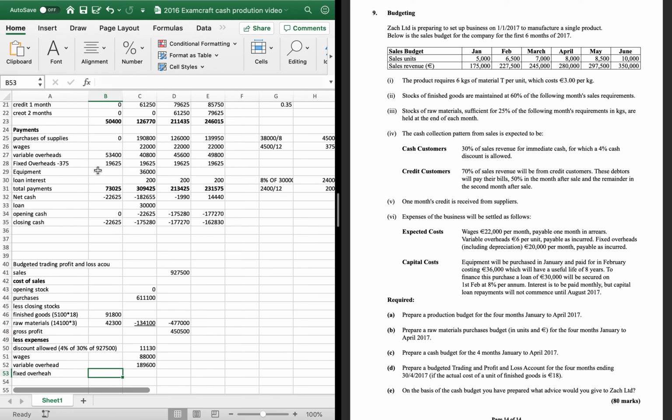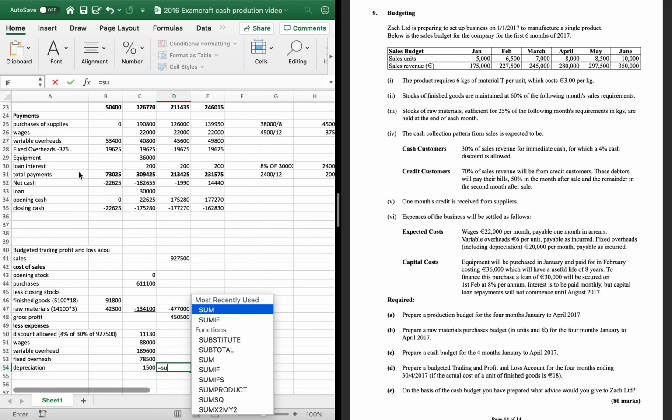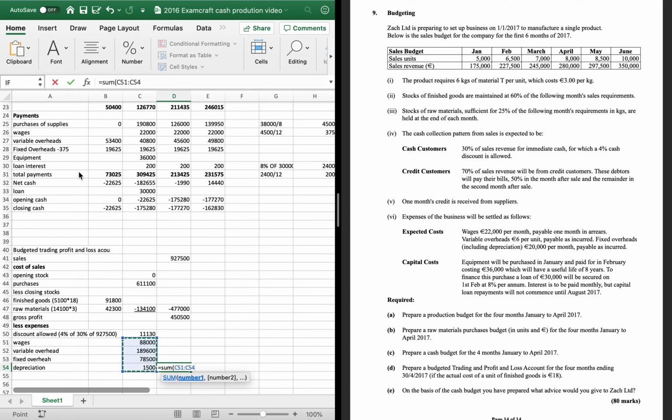The fixed overhead is 1,965 by 4. We've got depreciation, which we know is 375, which is 1,500. So that's all of them. We've got our loan interest to put in, but we always know that goes in after.